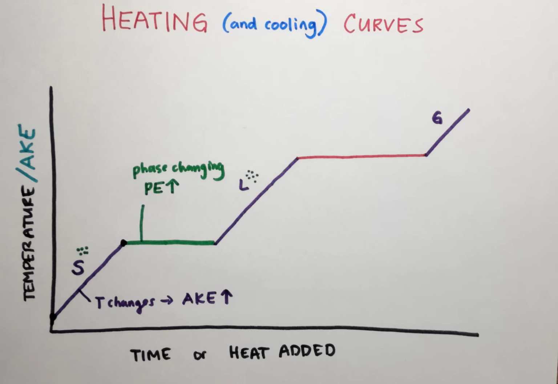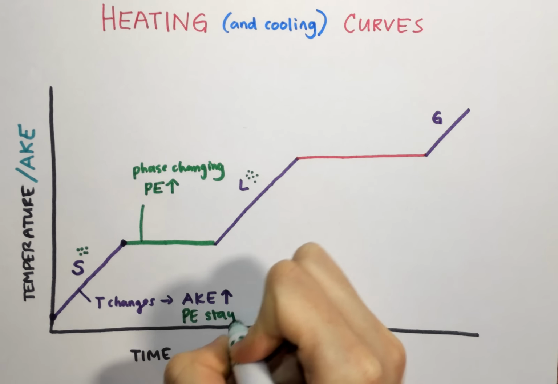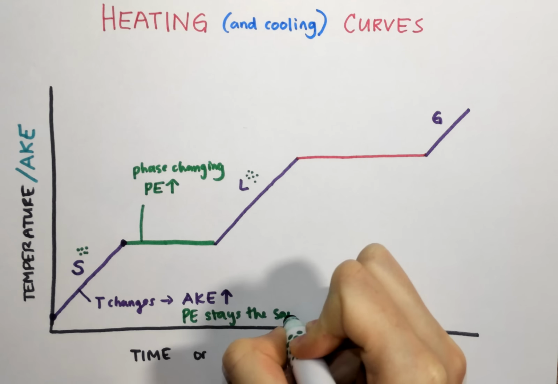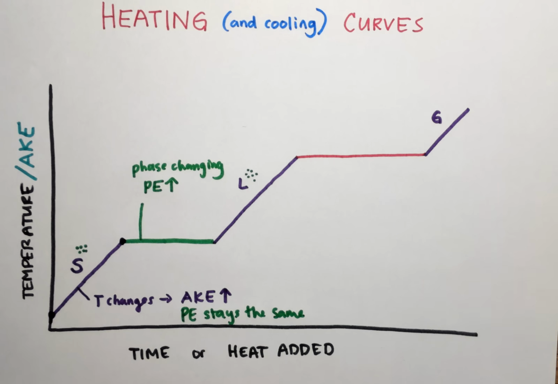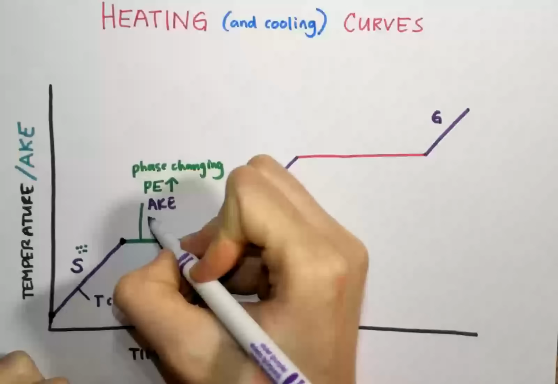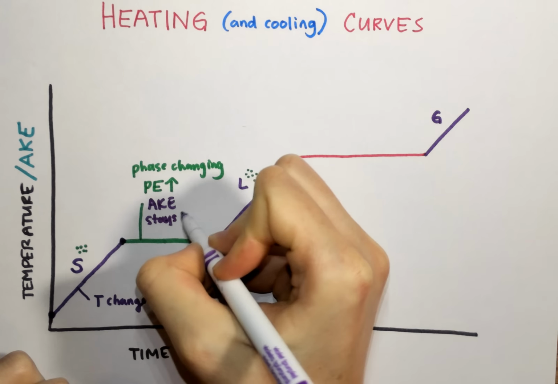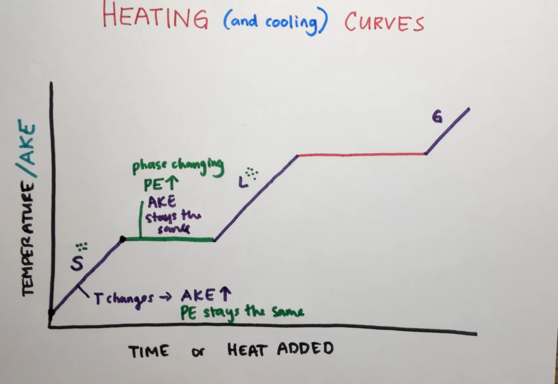So notice that only one type of energy is going to change at a time. When average kinetic energy increases, potential energy stays the same. When you're in the middle of a phase change, it's your potential energy that's increasing, and your average kinetic energy will be what stays the same. Similar things can be said for the remainder of the curve.